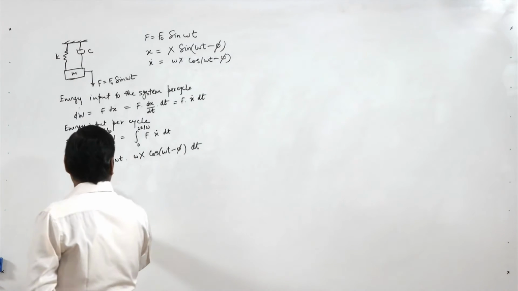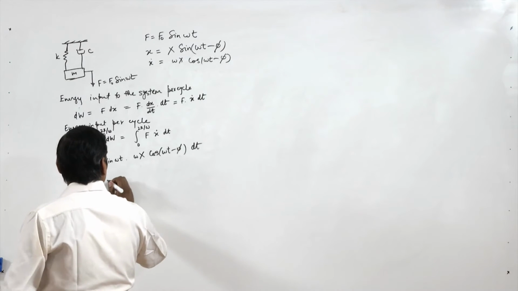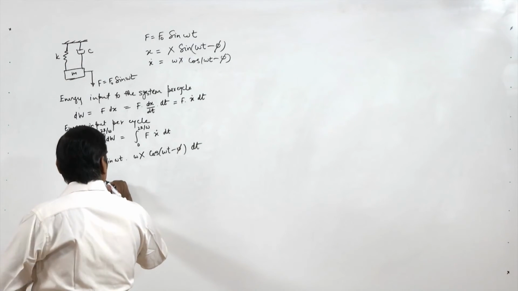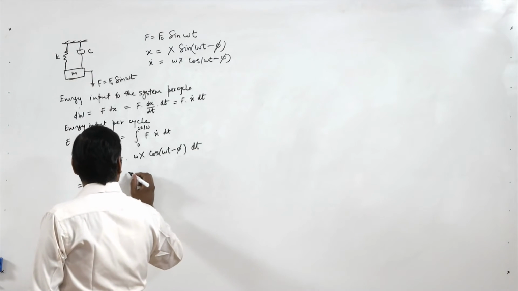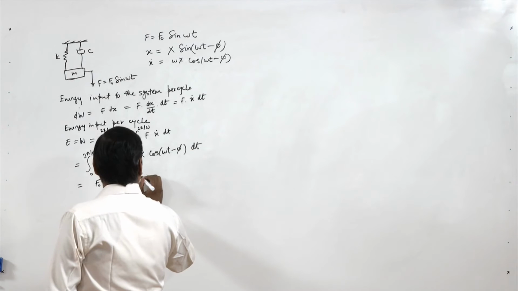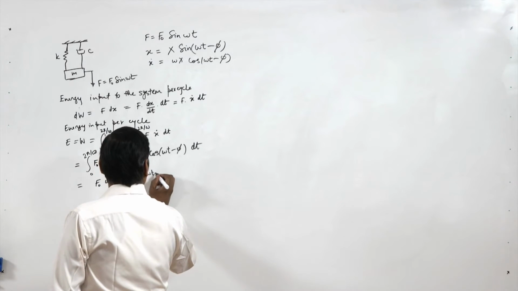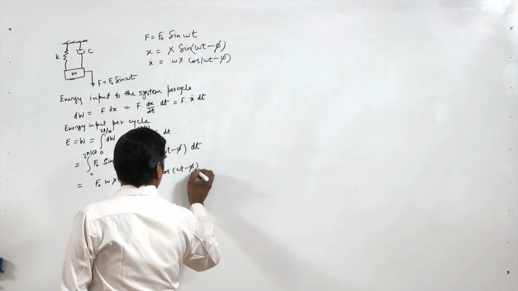So here we can write F0 into omega into X, integral from 0 to 2 pi by omega of sin omega t into cos(omega t minus phi) dt.